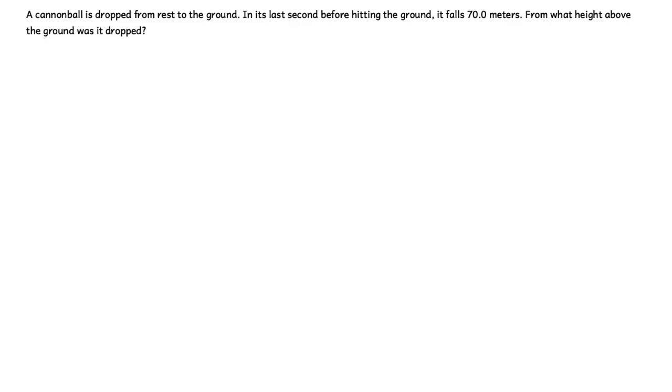Let's write down the constant acceleration kinematic equations that we know. V equals V naught plus AT, which in this case is just going to be AT. We've got Y equals Y naught plus V naught T plus 1/2 GT squared, which in this case is just going to mean 1/2 GT squared.